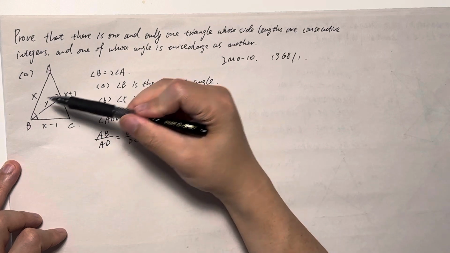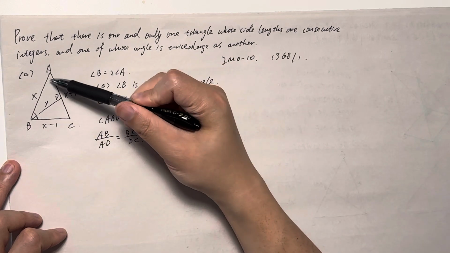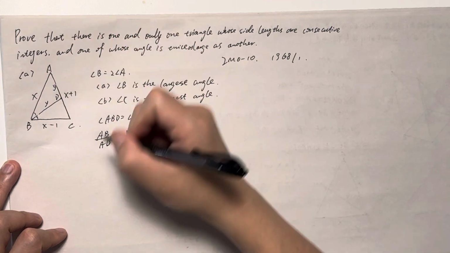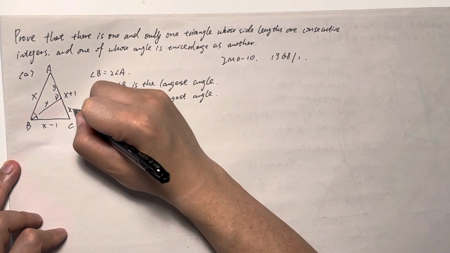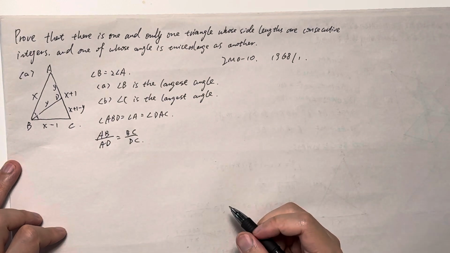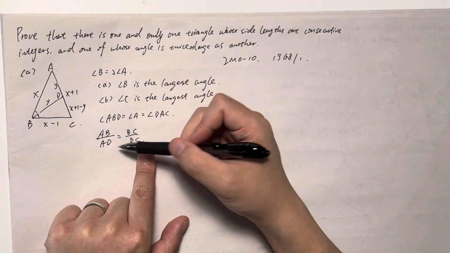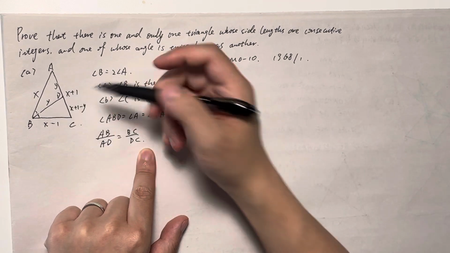And also because angle ABD equals angle A, the length of AD equals y. The length of DC equals x plus 1 minus y. So we can replace AB, AD, BC, DC with x and y.